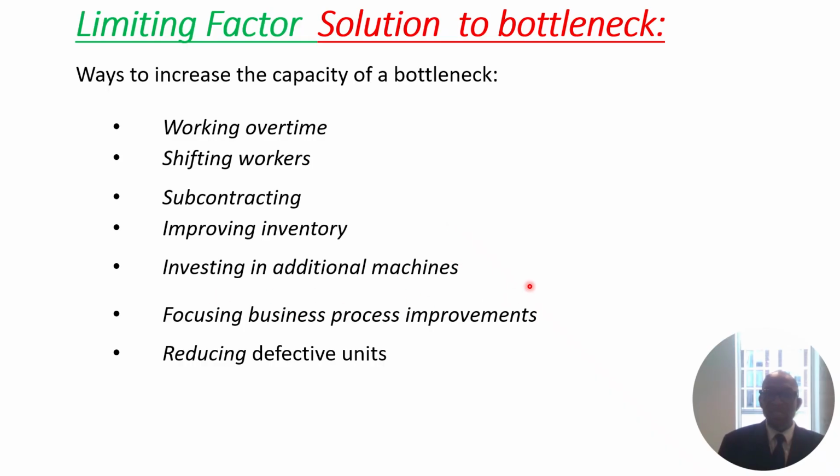You can invest in an additional machine, particularly in this example where the machine is limited in time. You can focus on business process improvement, and reduce defective units or wastage. This is how you can solve a bottleneck situation.